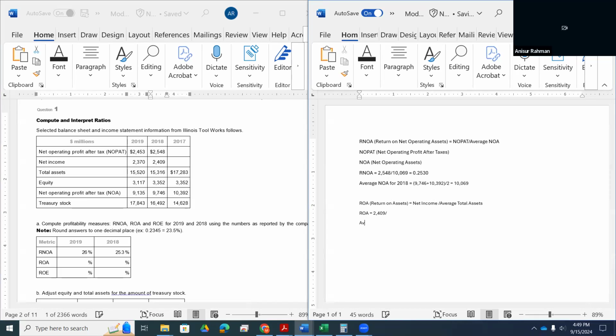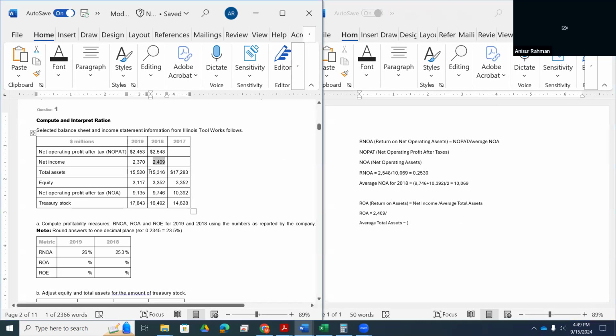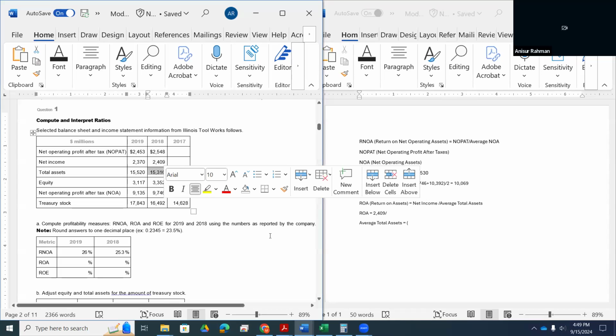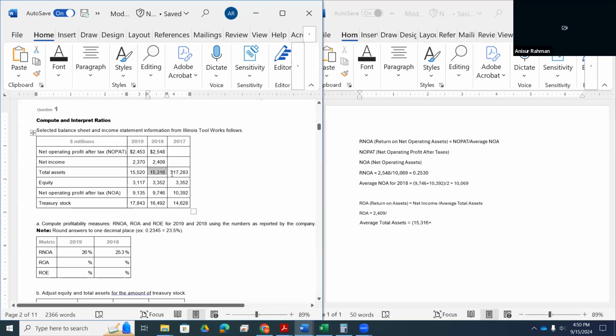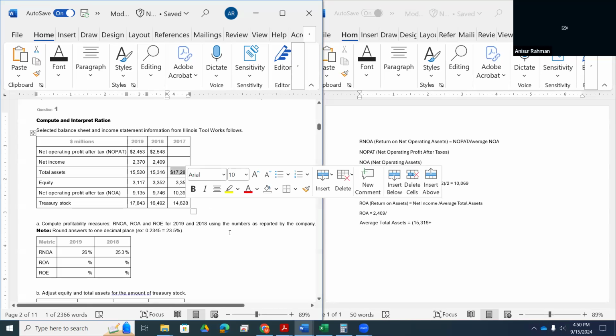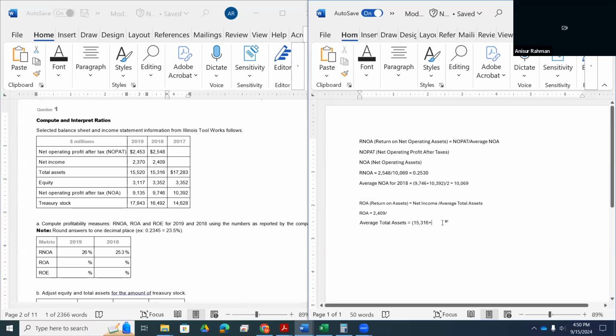Let us calculate that separately. So our total assets for 2018, 15,316. And for 2017, 17,283, divided by 2 should give us average total assets.